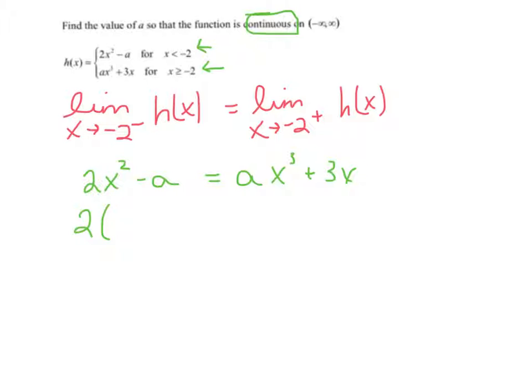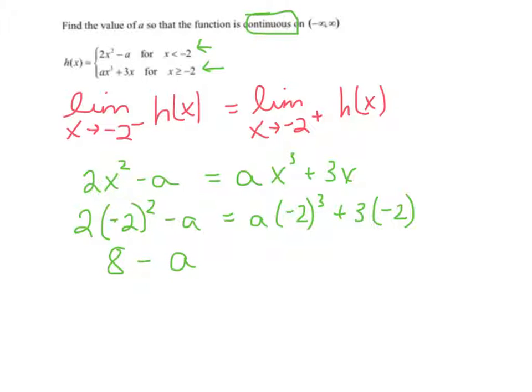So 2 times negative 2 squared minus a is equal to a times negative 2 cubed plus 3 times negative 2. This gives us 2 times 4, so 8 minus a is equal to a times negative 2 cubed, so that would be negative 8a, and then minus 6.